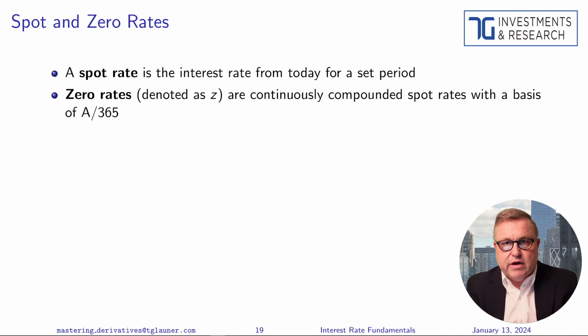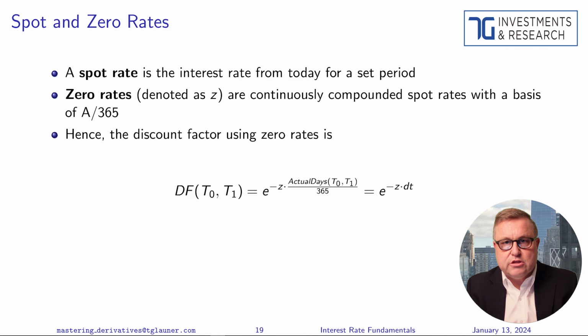Remember, and eventually this will become intuitive, a zero rate on trading floors typically means a continuously compounded rate with an actual/365 basis. It goes back to the late 90s when interest rate derivatives became common and researchers at Wall Street needed a consistent rate measure across all indices and all currencies. So zero rates were introduced and practitioners adopted it.